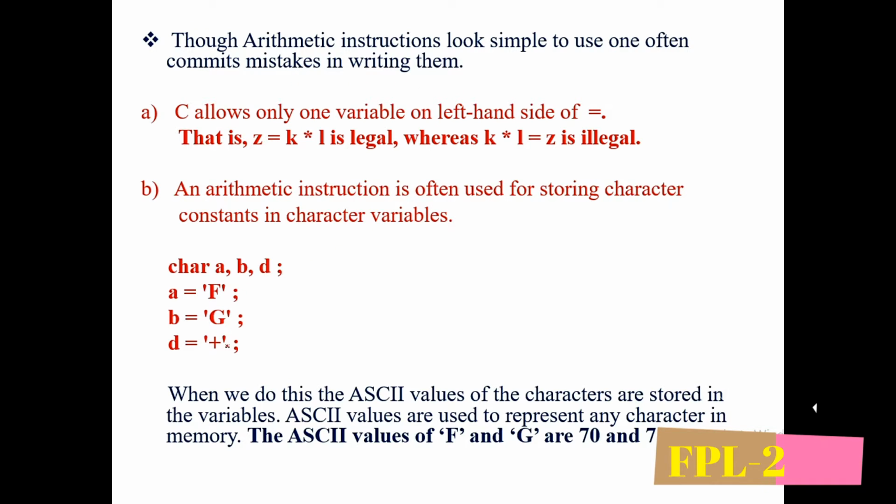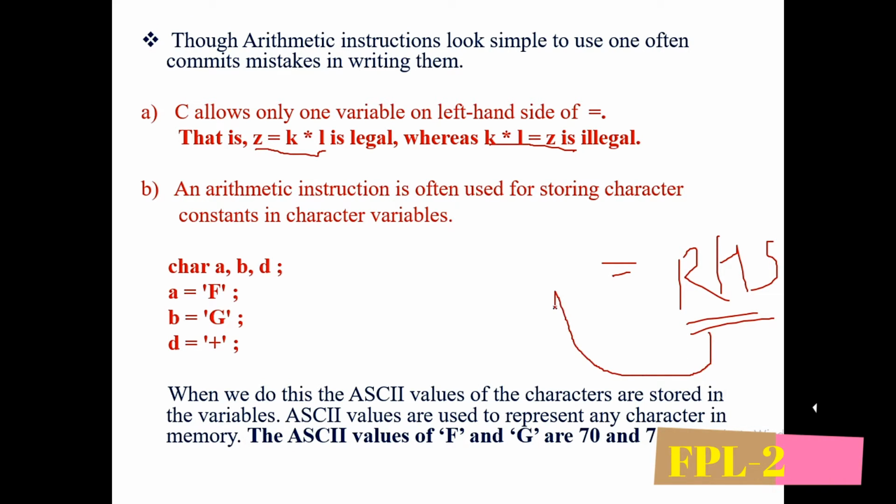So if you are writing this, like this is legal and this is illegal, because what is the purpose of equal to? It will take whatever value you have on the RHS, compute the whole thing on the RHS, and store that value into the name which is present on the left hand side, only a single name.